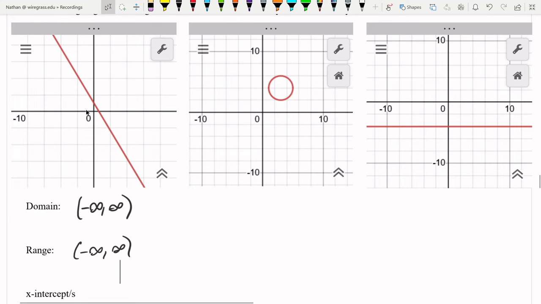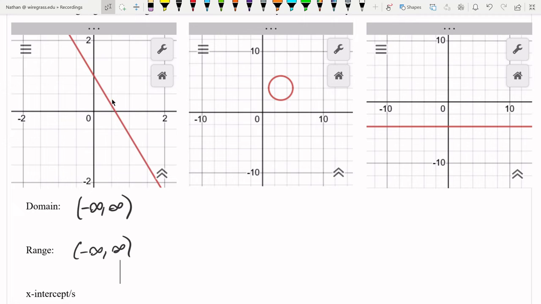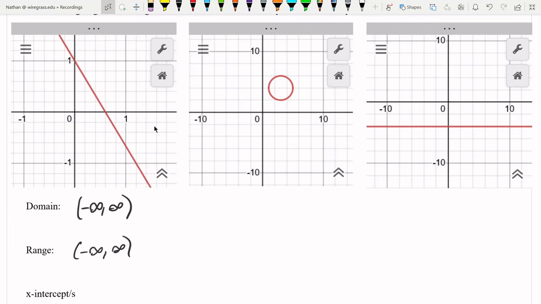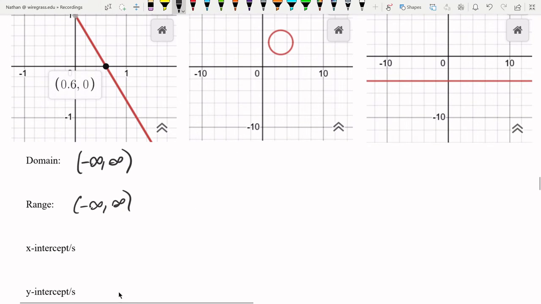Okay, the x-intercept, that's where it crosses the x-axis. Well, looking at it here, it looks like it's 0.6. I can just click on the graph and Desmos will actually find it for us. That is at 0.6. So the x-intercept is at 0.6, 0.